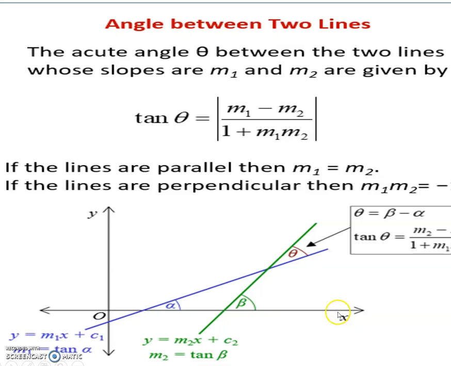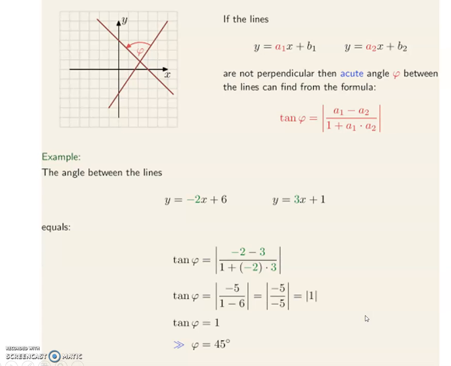Now, we have to take the next slide. If the lines y is equal to a1x plus b1 and y is equal to a2x plus b2 are not perpendicular, then the acute angle phi between the lines can be found from the formula tan phi is equal to modulus a1 minus a2 upon 1 plus a1 into a2.